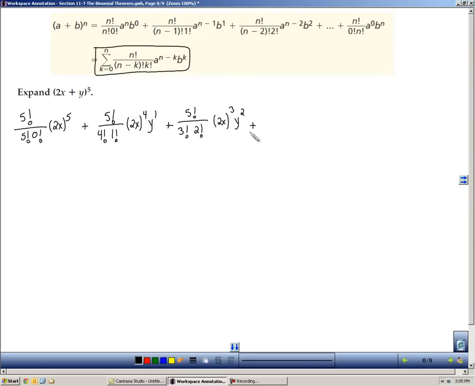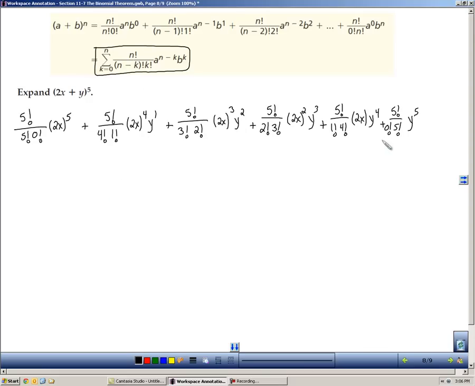So hopefully you're starting to see the pattern now. So 5 factorial here, n minus k, k is now a 3, so 2 factorial, 3 factorial, times the 2x, drop that down to the 2nd power, and increase the y to the 3rd power. And that's plugging in all my n's and k's.